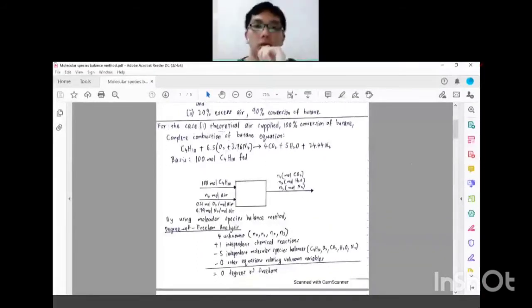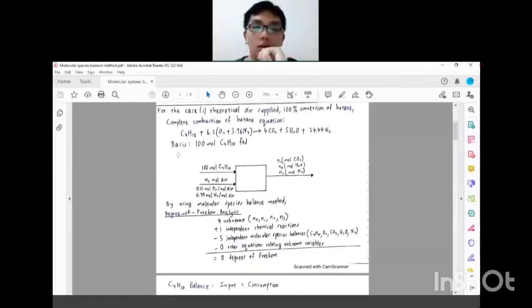For case 1, theoretical air supply, 100% conversion of butane, we must write the complete combustion of butane equation, which is C4H10 plus 6.5 (O2 plus 3.76 N2), and then produces 4 moles of carbon dioxide, 5 moles of water and 24.44 moles of N2.